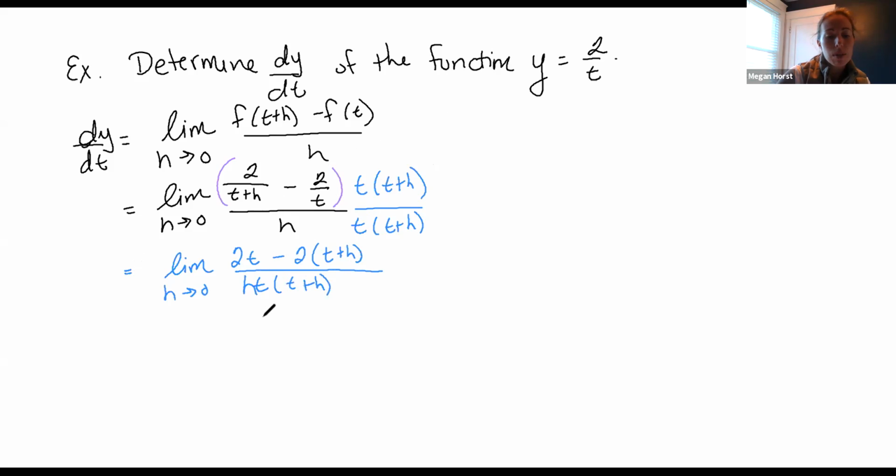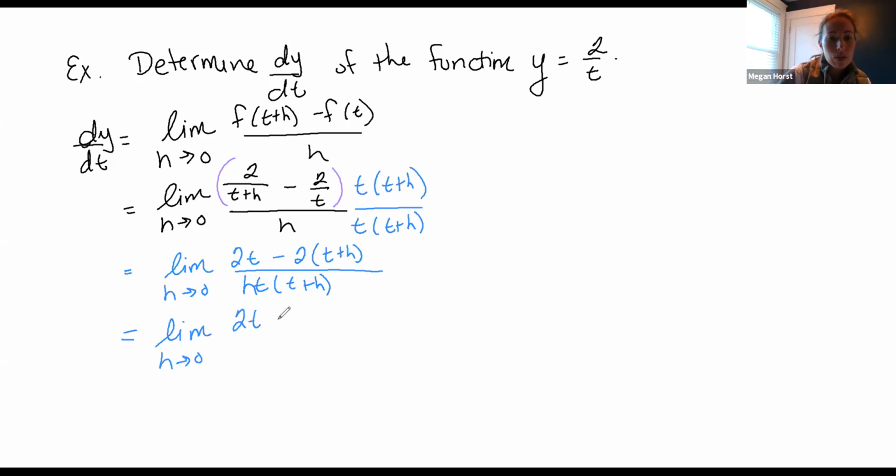And again, leave that denominator factored. Our goal is for this numerator to have solely h in it, or something times h, so that we can cancel out those h's and get this h out of the denominator. We're trying to isolate an h in the numerator to be able to cancel that out.